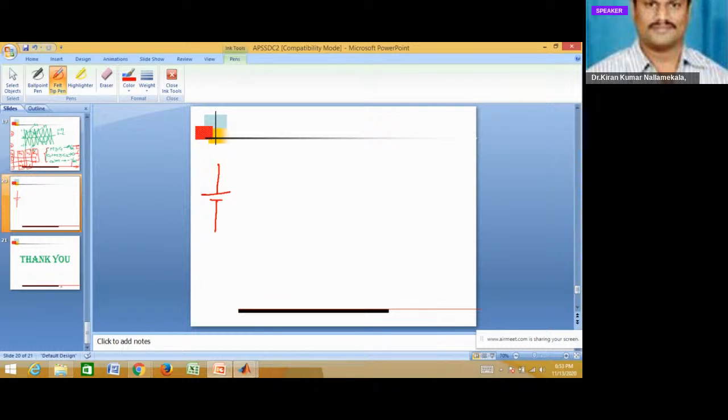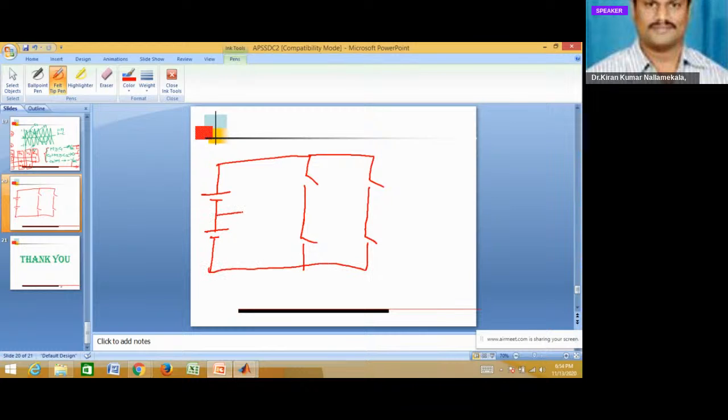I will take 2 DC sources and a full bridge inverter. Here in between we are connecting a bidirectional switch. This is S1, S2, S3, S4 and this is S5. In between we are connecting a load.